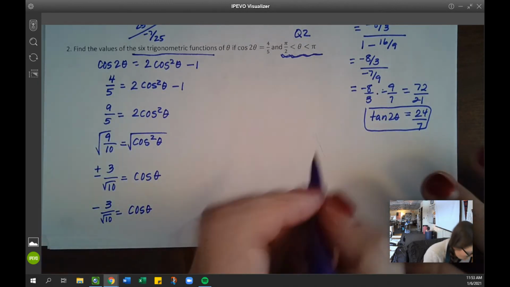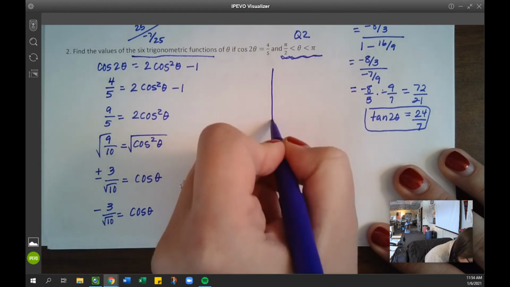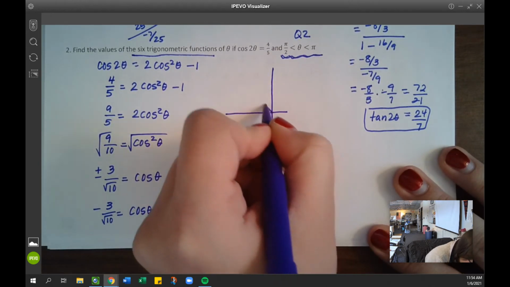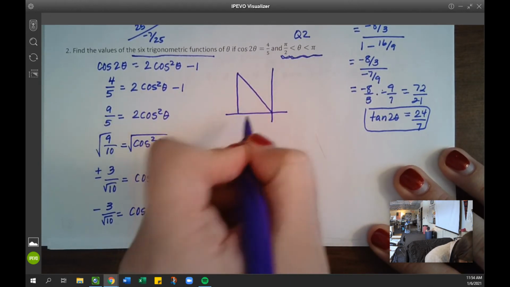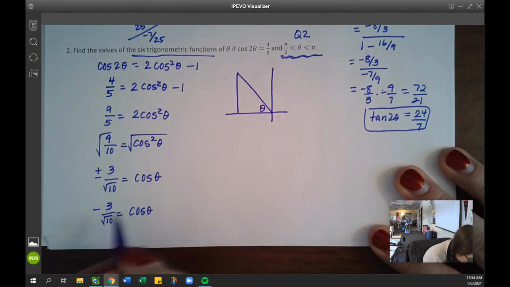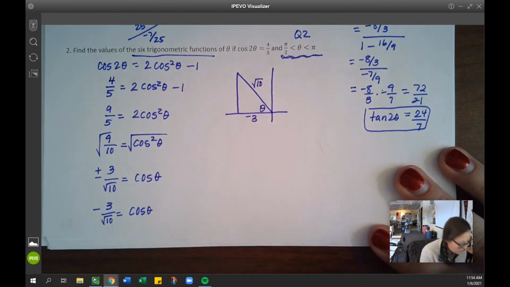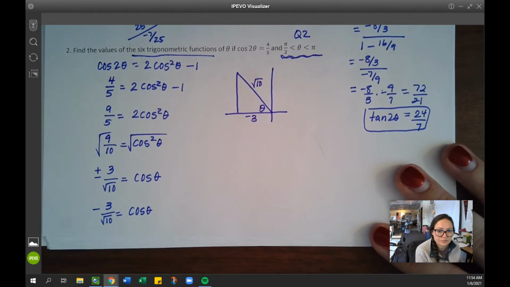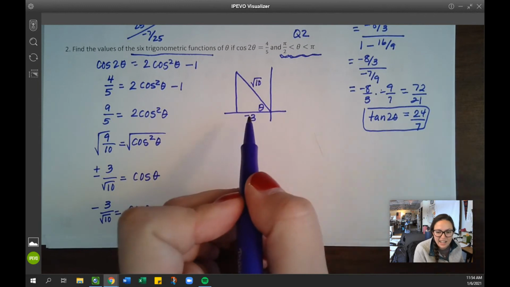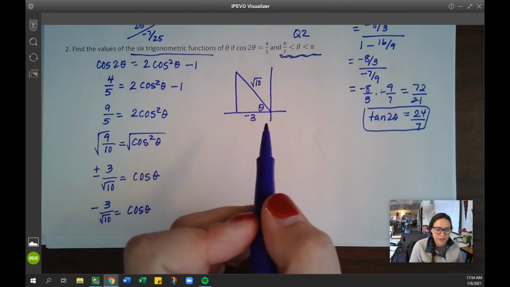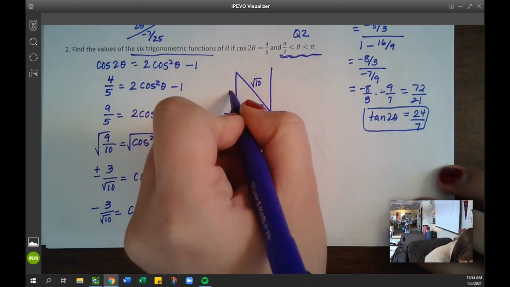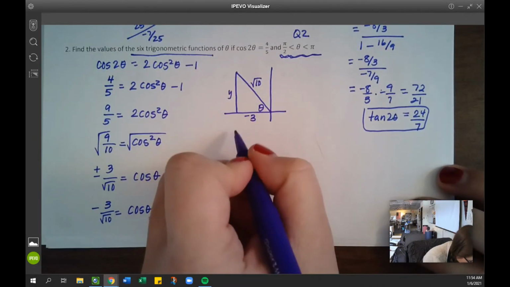So I'm going to make my triangle in quadrant 2. Cosine is negative 3 over the square root of 10. This is not a nice Pythagorean triple by any means. We need to solve for this distance here.